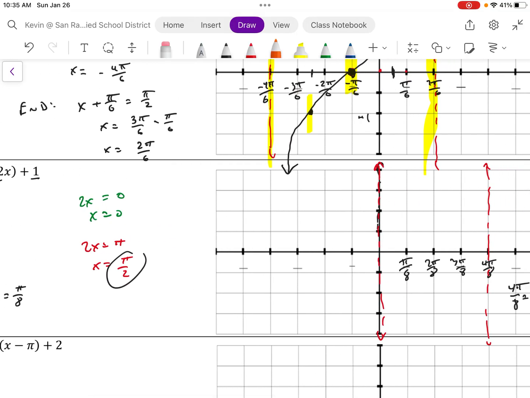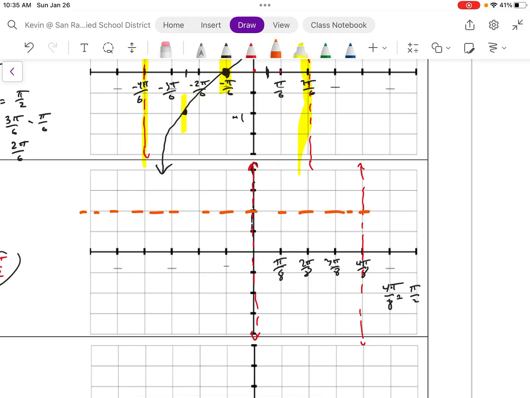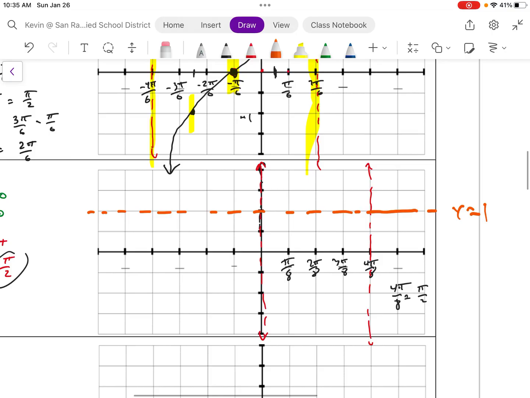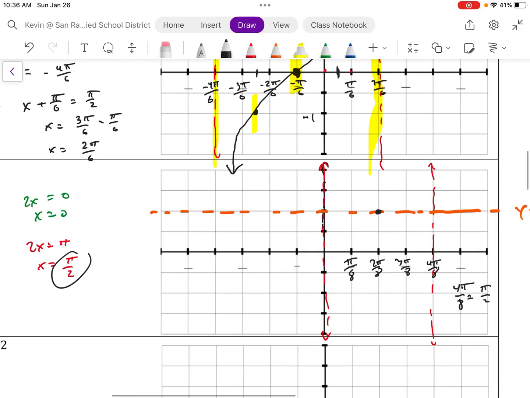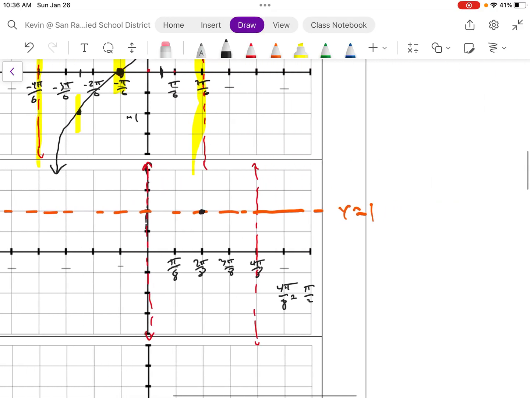All right. Our midline is 1. I'm just going to faintly draw it in here. We'll go up here. Right? Y equals 1. And then let's draw in, halfway in between our asymptotes, right here at pi over 4.